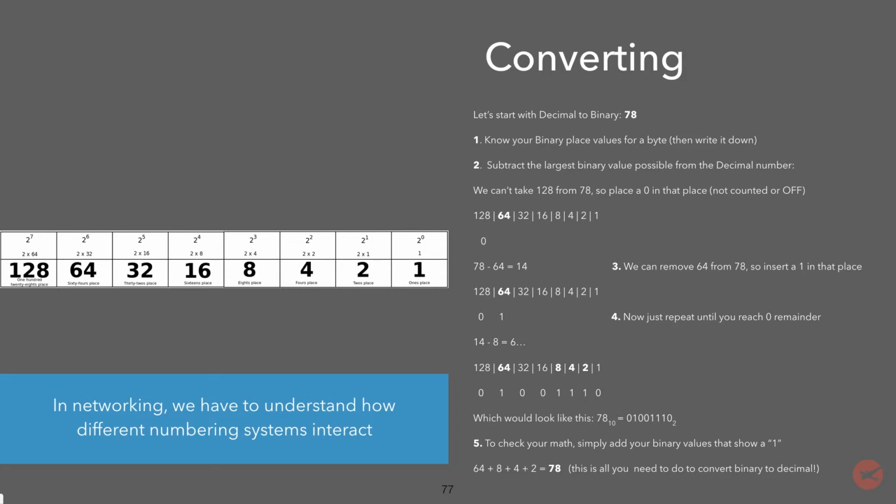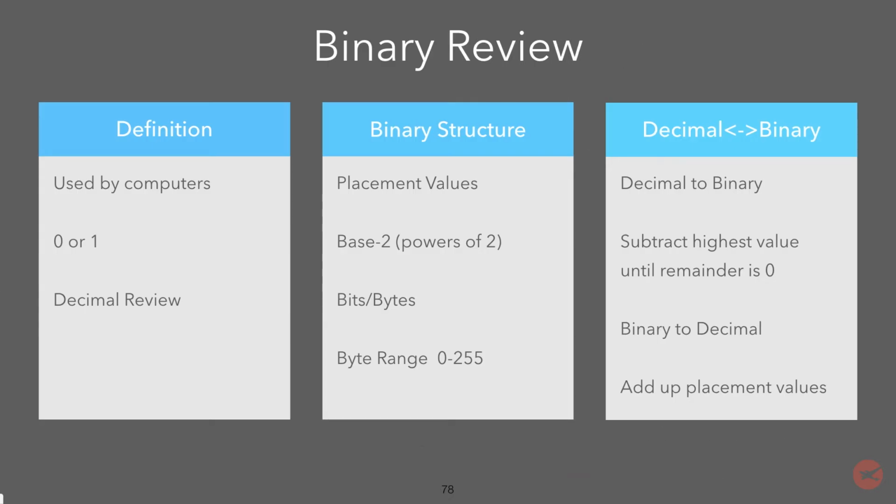Now that we have done a simple conversion from decimal to binary, and we checked our math by doing the conversion from binary back to decimal, let's review. So, in today's lesson, we defined what binary is, what uses it, which is computers and networking devices, or anything that's digital in any sense. We only have representation of 0 or 1 for each placement value, so on or off.